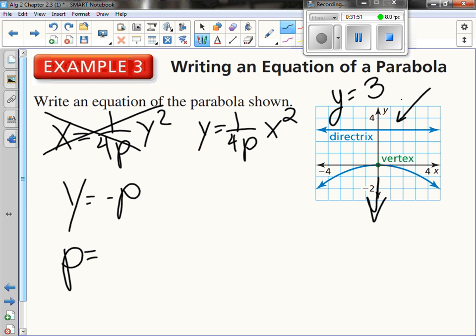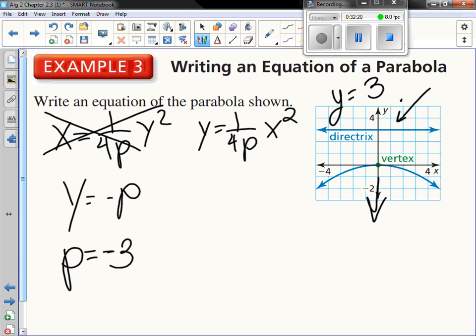Here it says it's positive 3, yes? So how can it be positive? Only if p is what? Negative 3. So if the value of the directrix is positive, the value of p is negative. If the value of the directrix is negative, the value of p is positive. It's kind of the opposite of the sign. So we get this here.